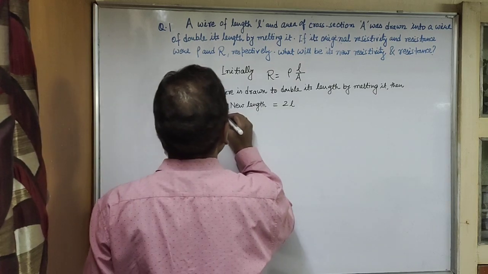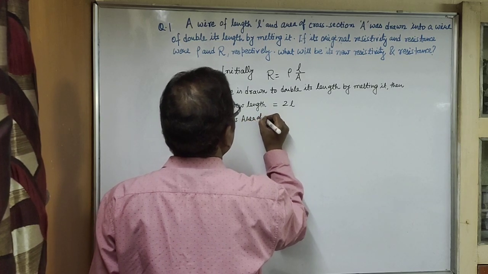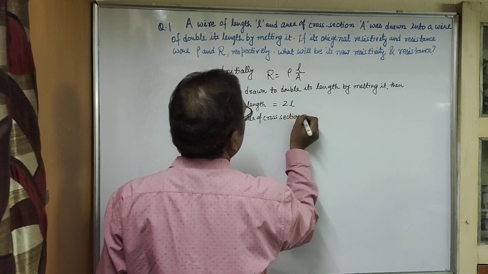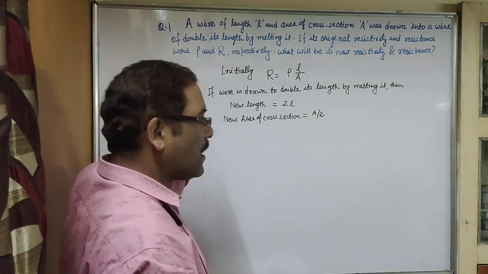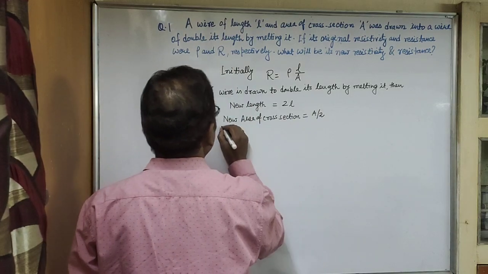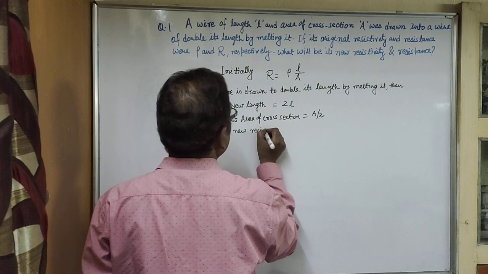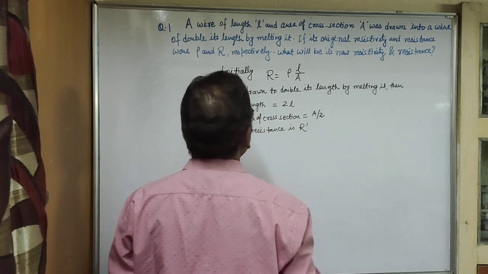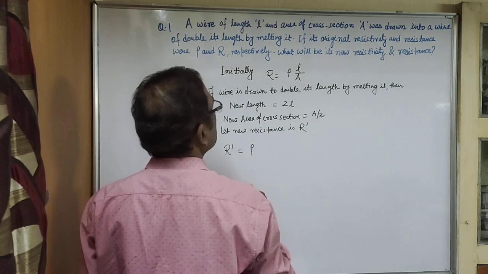So the new area of cross section will be just half, A by 2. Let the new resistance be R dash.